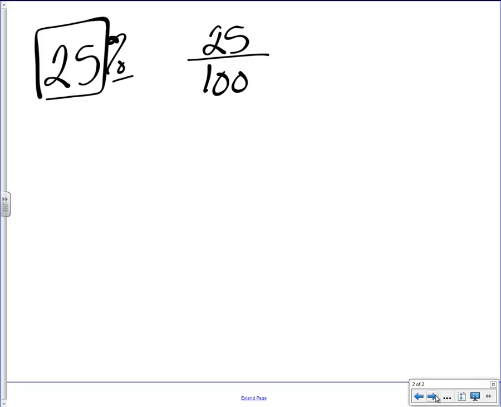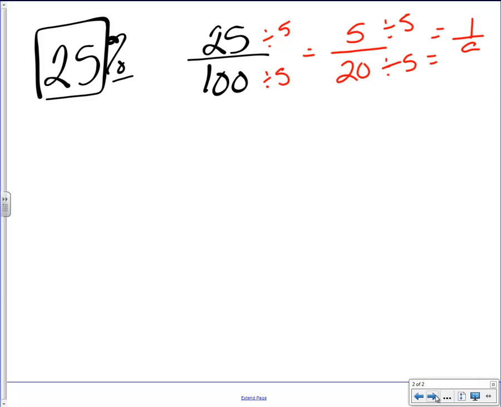This seems fairly simple, except we have to remember that we have to simplify by dividing the top and bottom by a common number. So we can first divide by 5 if you want to, and we end up with 5/20. We see that we can actually divide by 5 again, on top and bottom, and we end up with a final answer of 1/4. 1/4 will be my final answer for this problem.